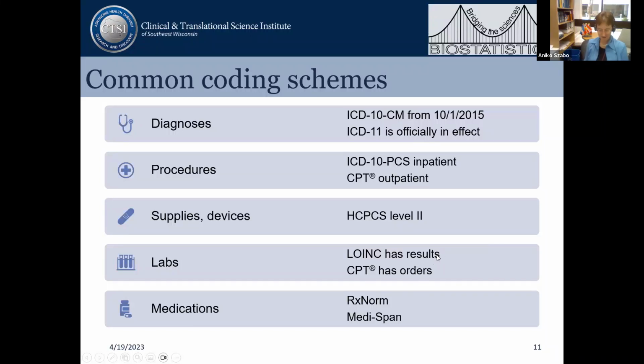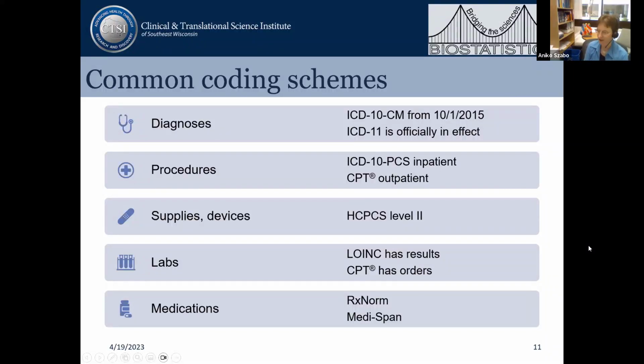Obviously, if you have the result, then you know it was ordered at some point. So again, to work with EHR data, you really need to get friendly with the codes you are going to be working with, depending on your study question, and it's very important to look up the documentation for them and really explore them.